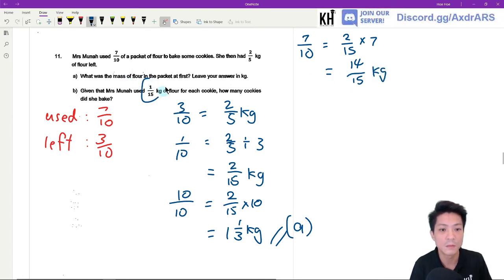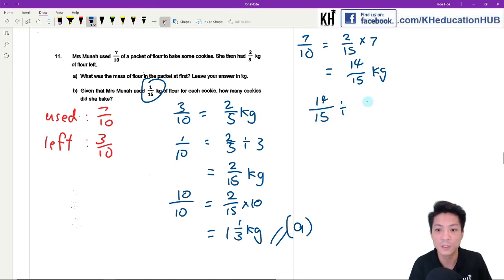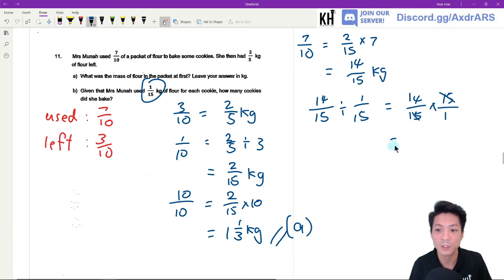Okay, so she used 1 over 15 kg of flour for each cookie. So how many cookies did she bake? I need to use 14 over 15 divided by 1 over 15. Okay, if you do your working and reduce, you're gonna get 14. This is the answer for part B.